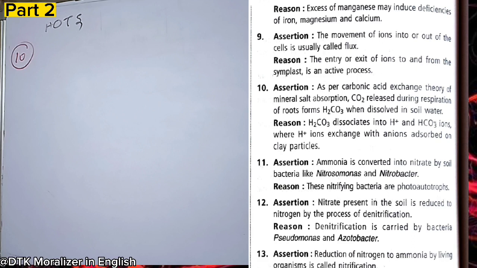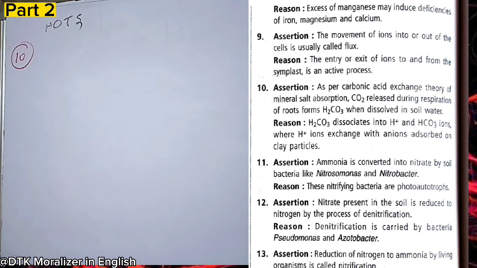Now question number 10. As per carbonic acid exchange theory of mineral salt absorption, CO2 released during respiration of roots forms H2CO3 when dissolved in soil water. H2CO3 dissociates into H+ and HCO3-, where H+ ions exchange with anions absorbed on clay particles. No, the reason is false, because H+ ions exchange with cations, not anions.